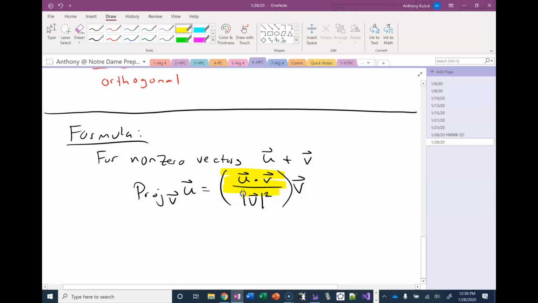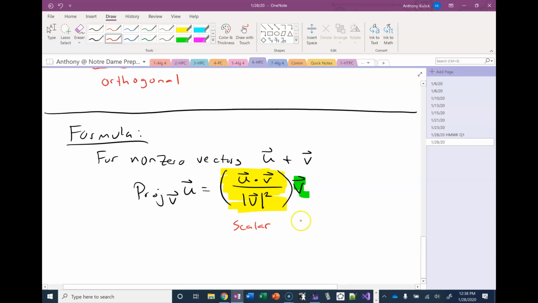What type of quantity is this fraction going to give us? Is this going to be a vector or is this going to be a scalar? This is a scalar, right? The dot product gives us a scalar, and the magnitude is a scalar. So that's a scalar.